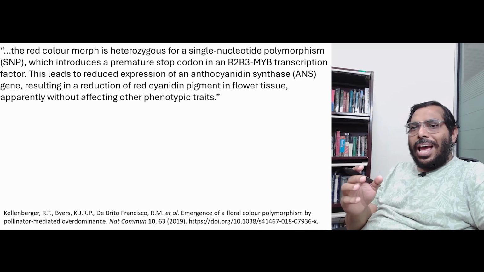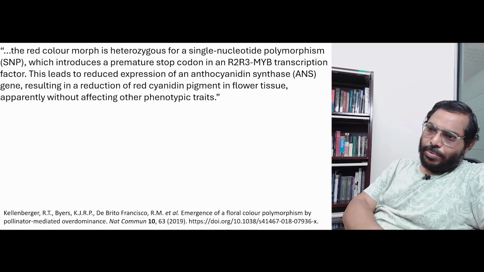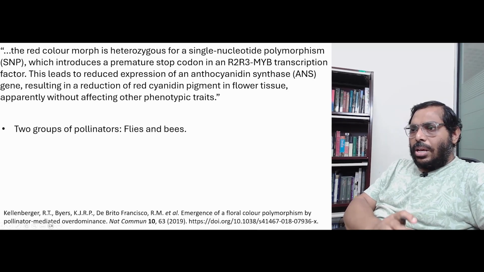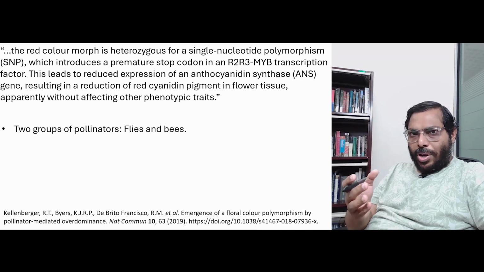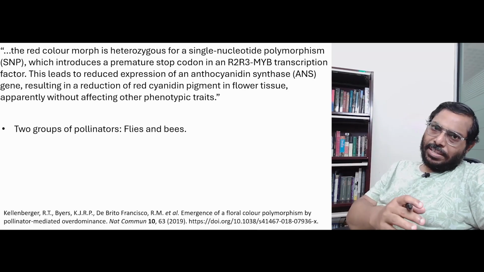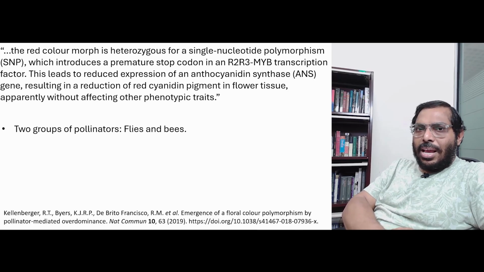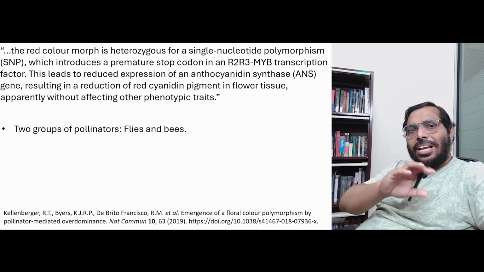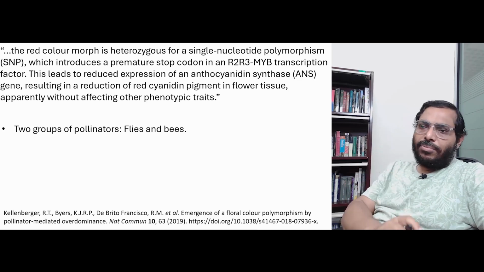However, what happens is in terms of the context in which these flowers are found. These flowers are pollinated by two major groups of pollinators, the flies and the bees. Now, turns out that these flies and the bees have very contrasting preferences for the flower colors.